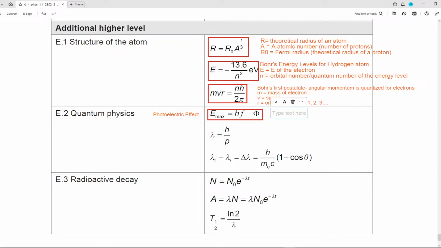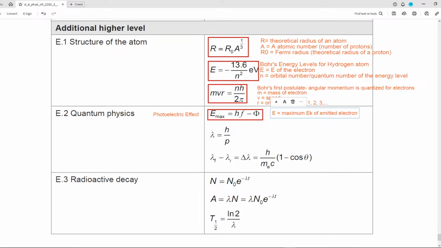So, Emax is the maximum kinetic energy of emitted electrons. Remember, Einstein's idea is that if your frequency is too low, no matter how much light you shoot at it, no electrons will come out.